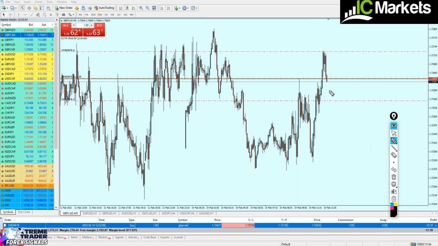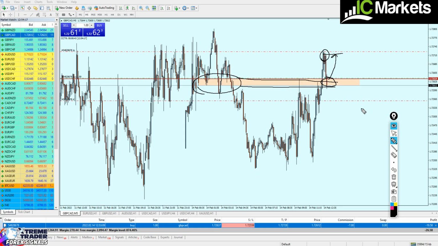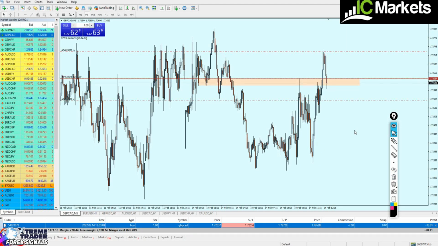Therefore, I believe that most likely that support level right here, let me make it more accurate and show you, make it a zone exactly right here. That level of a previous support level most likely is going to be respected again as a support, and the market will make the bounce to reach at least the high level of the resistance right here at 1.72715.